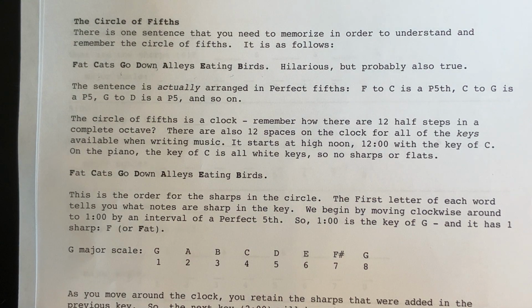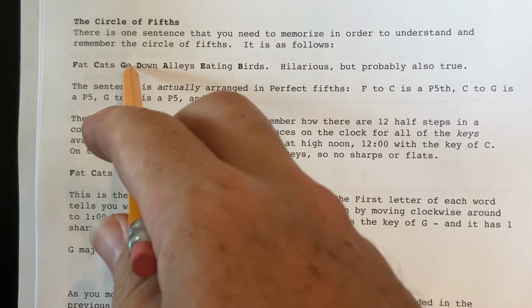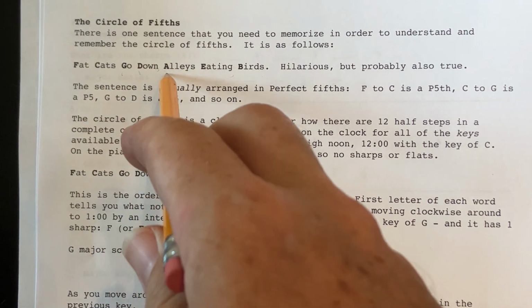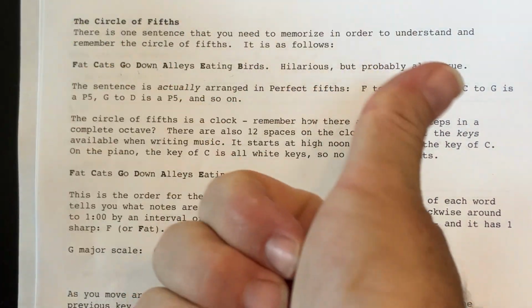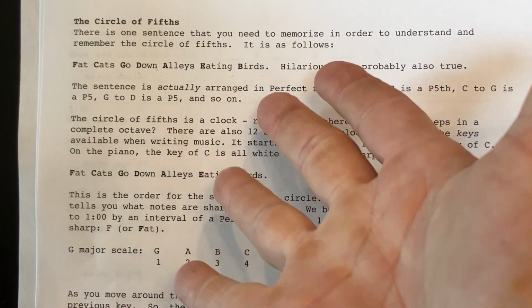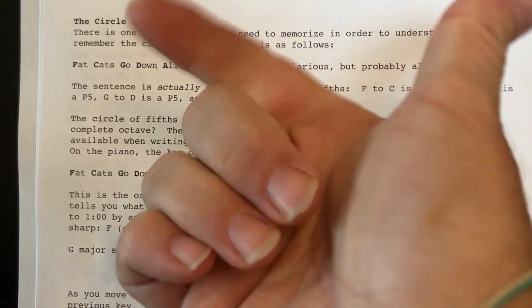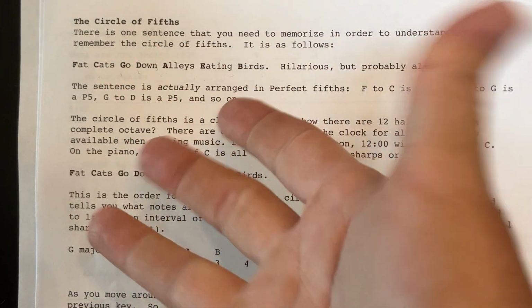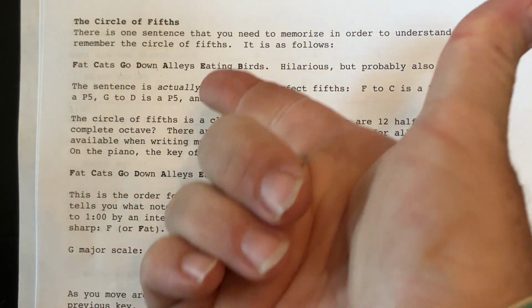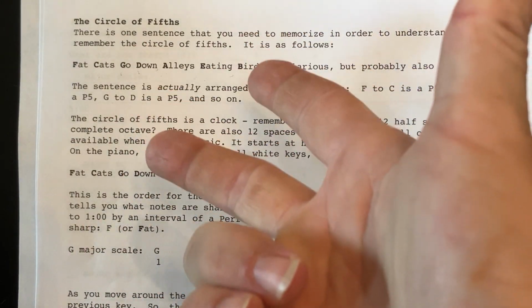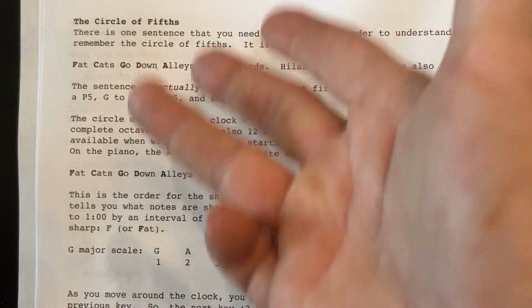F to C is a fifth, C to G is a fifth, G to D is a fifth, D to A is a fifth, A to E. When I say fifth, I mean you count, like F to C: F, G, A, B, C. And then C, D, E, F, G. C would be 1, D is 2, E is 3, F is 4, G is 5.